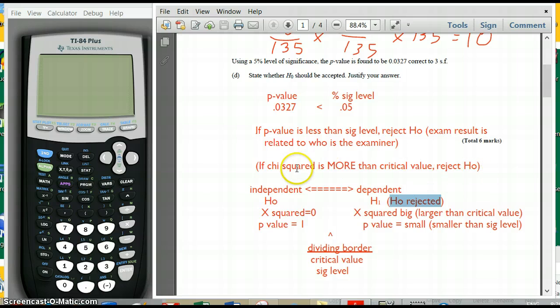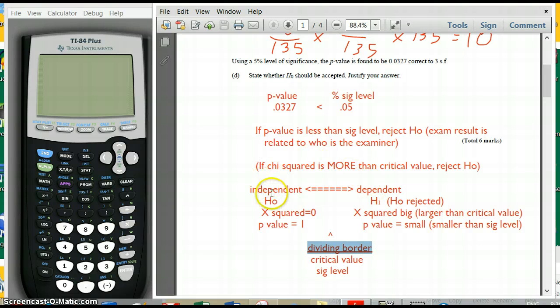And remember, the chi-squared value is always compared to the critical value, and the p-value is always compared to the significance level. Those are two different things, significance level and critical value, but they're both related, because at the exact moment that the p-value becomes less than the significance level, the chi-squared value becomes more than the critical value. So those two values are the dividing border between independence and dependence.